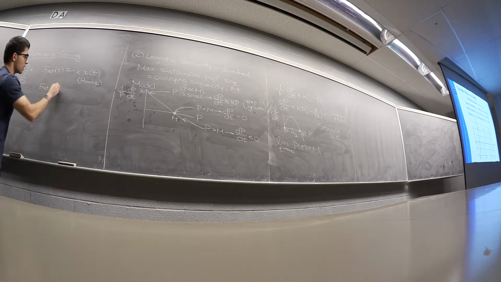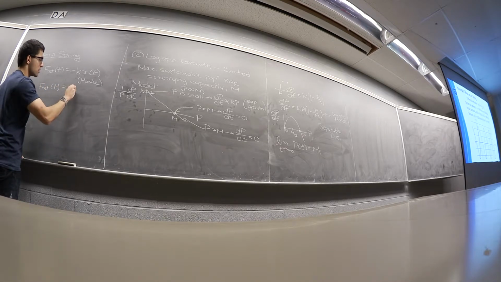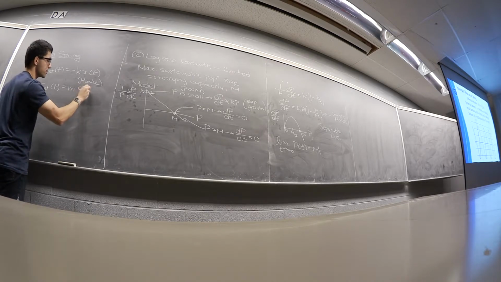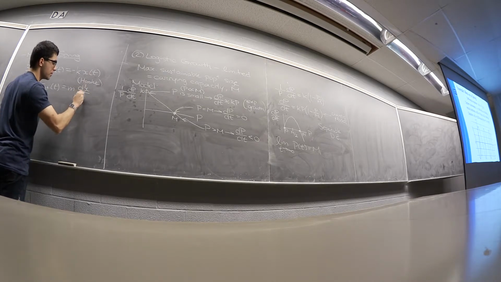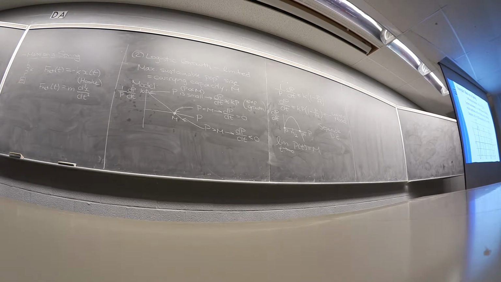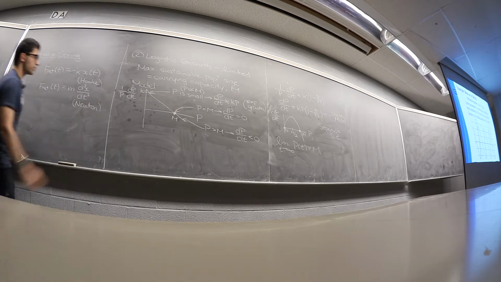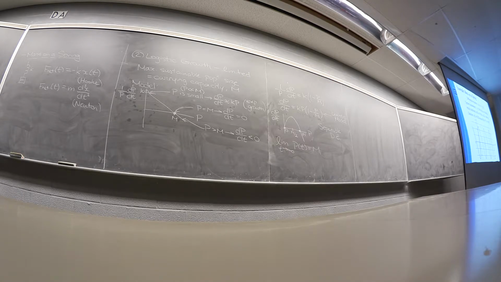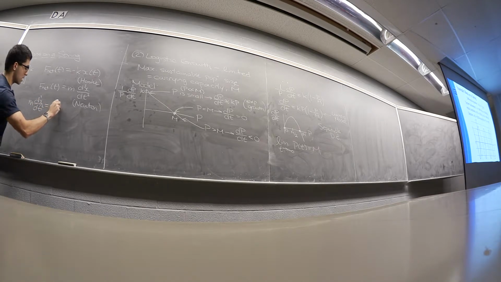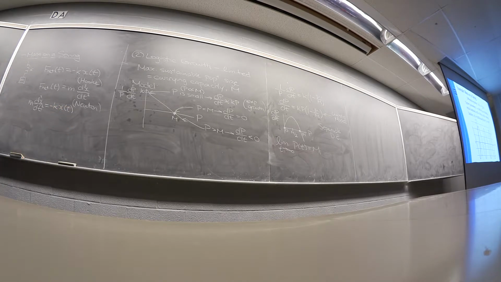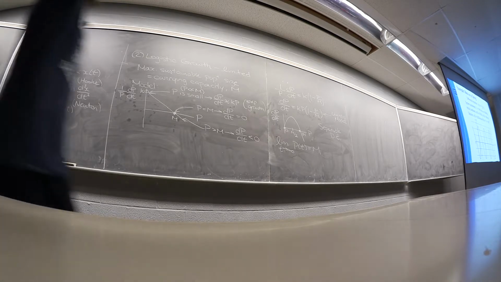Newton's second law tells you that the net force is mass times acceleration. So m times acceleration is equal to minus k times position, and that gives you that differential equation.